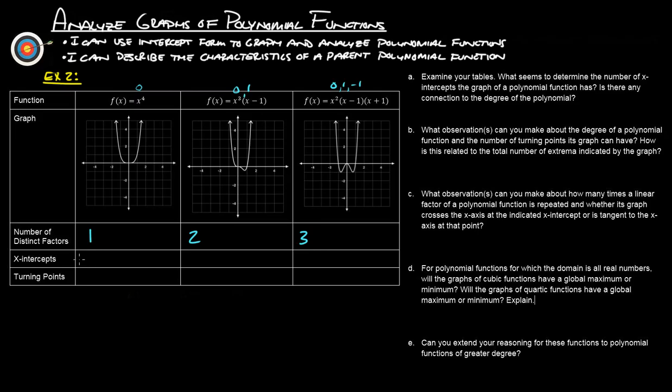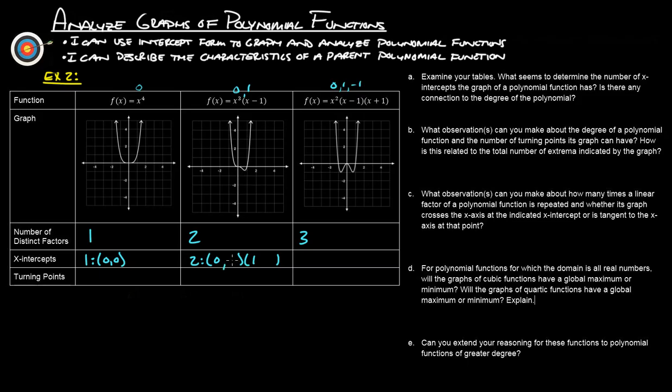How many x-intercepts are there? There's just 1, and that's at 0, 0. How many x-intercepts here? 1, 2. And those are, we know what the x values of both of these are going to be because we figured out what the x values have to be, right? So 0 and 1.